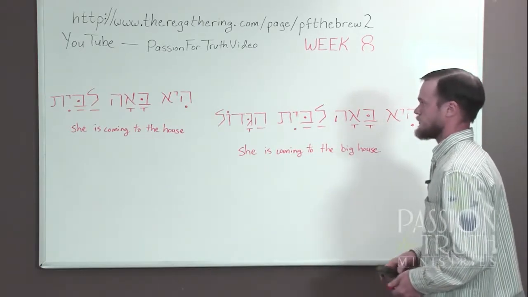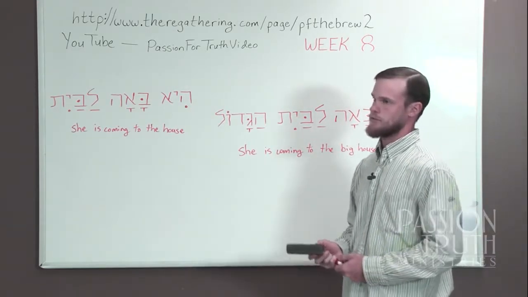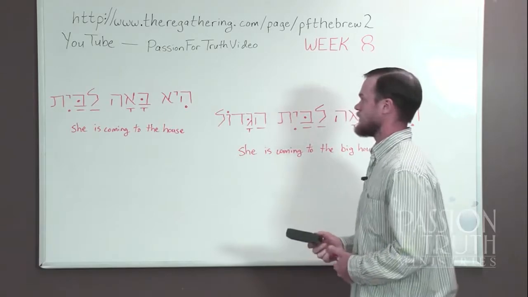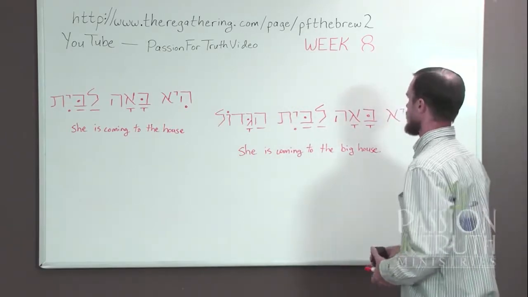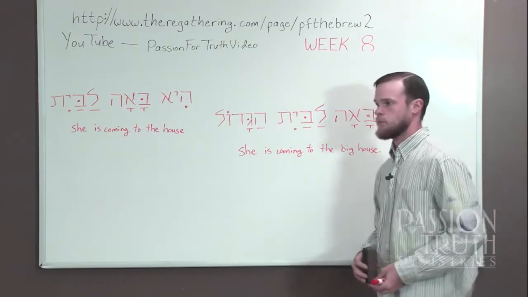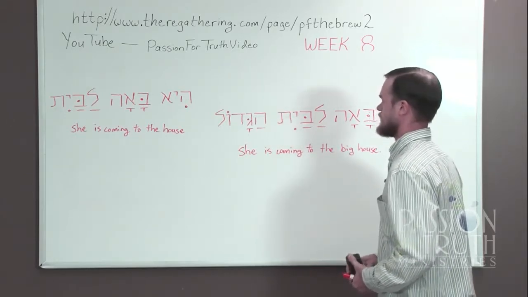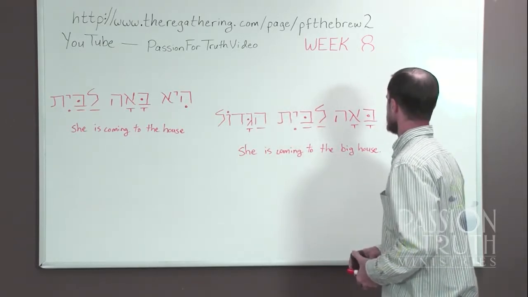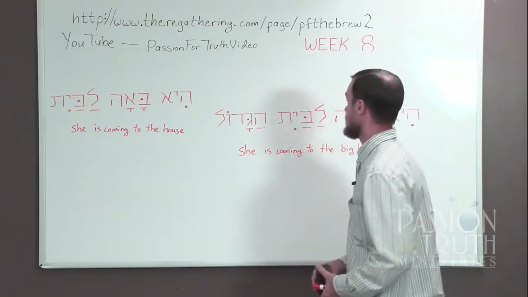It's not just a matter of knowing vocabulary, not just a matter of knowing this word means this and that word means that. All these little rules about gender and number and prefixes, they all come into play when we're constructing even pretty basic sentences. So, anyway, practice makes perfect.